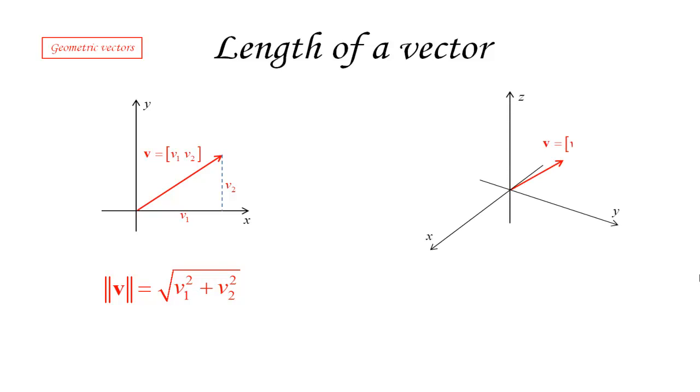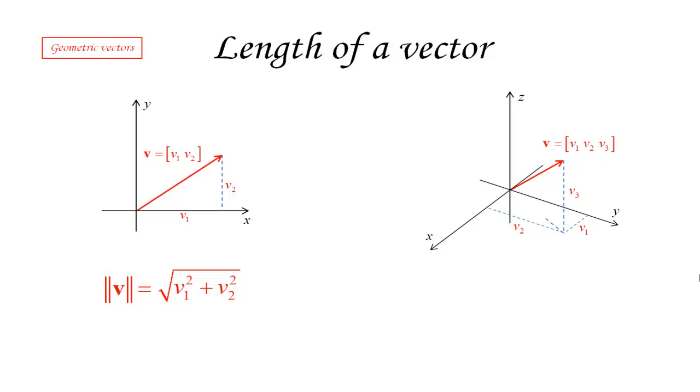Now notice something quite interesting. If we go to 3D and look at a three-dimensional vector v1, v2, v3, and we draw its vertical component v3, and then from its projection on the xy plane we look at the horizontal component v1 and the v2 component along the y-axis.